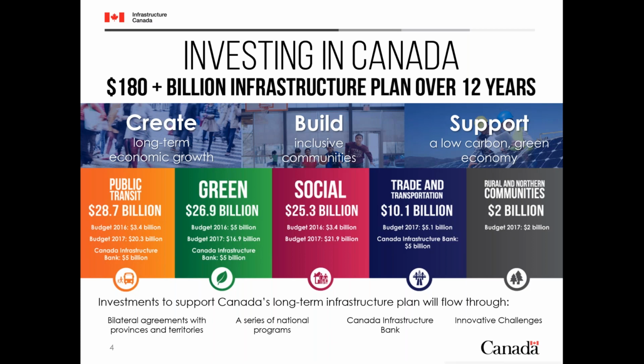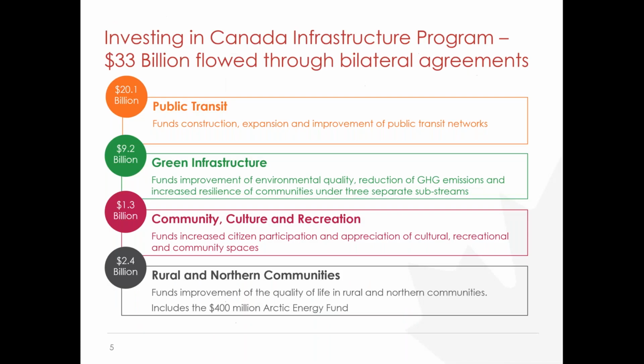Infrastructure Canada. A subcomponent of that is funded through integrated bilateral agreements, negotiated between us and each province and territory. That's approximately $33 billion over 12 years. The name of this program is the Investing in Canada Infrastructure Program and is delivered through our partners, provinces, and territories.